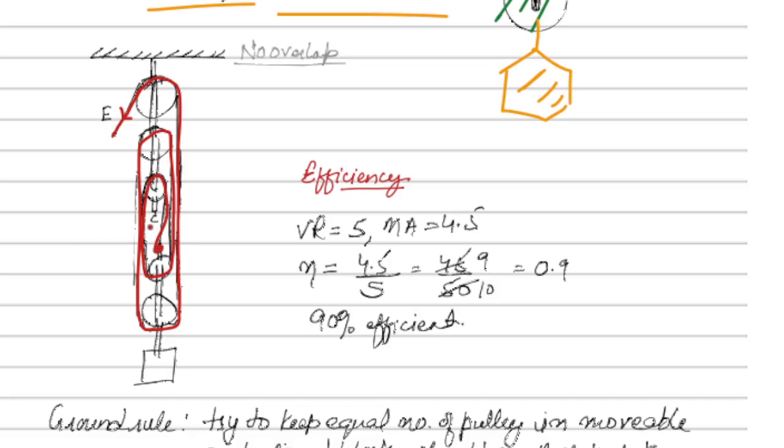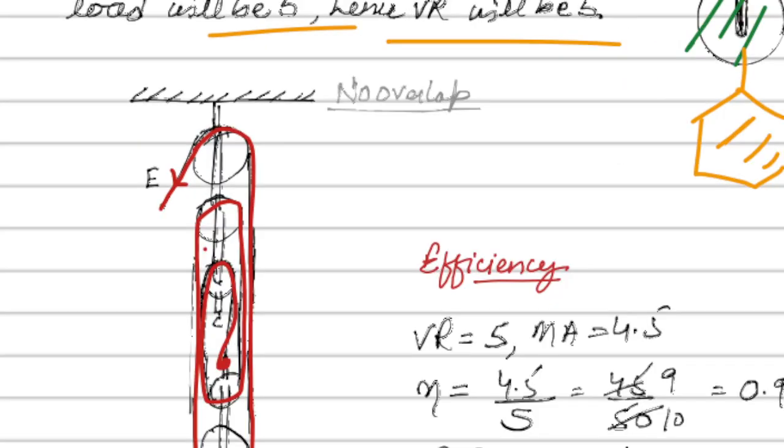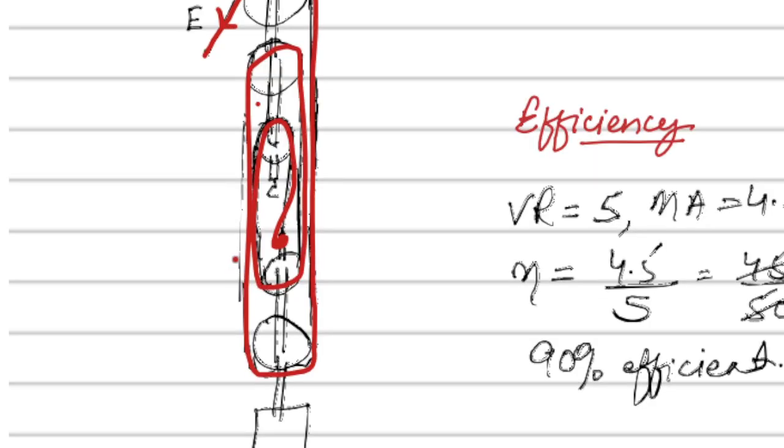So can you see how many strings are there? Let me zoom in if I can. Yeah. So here, how many strands are supporting the load? So this is the load downwards, right? This is the load downwards, and the number of strings are 5.